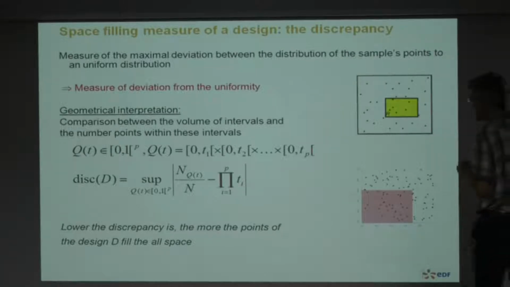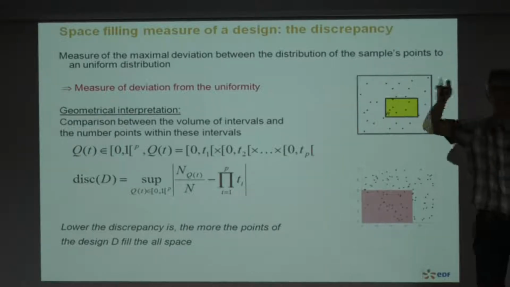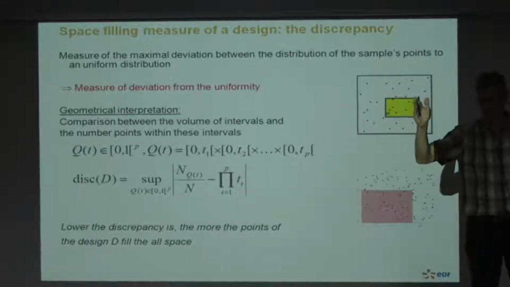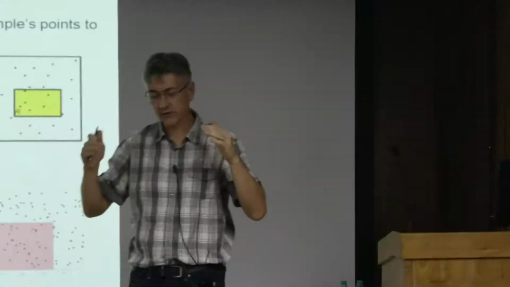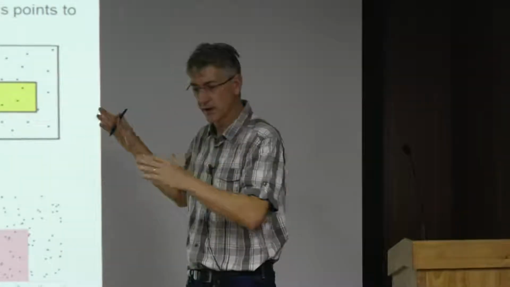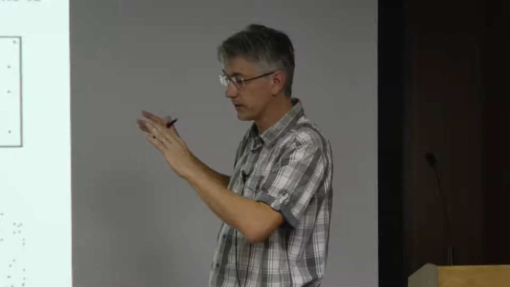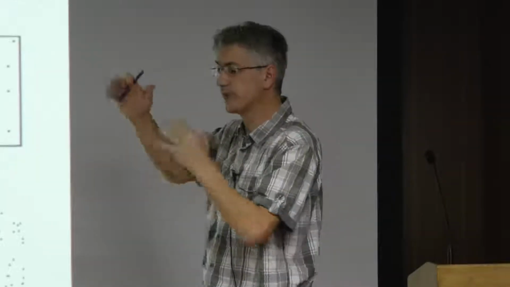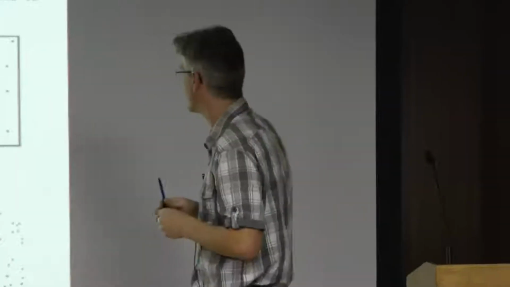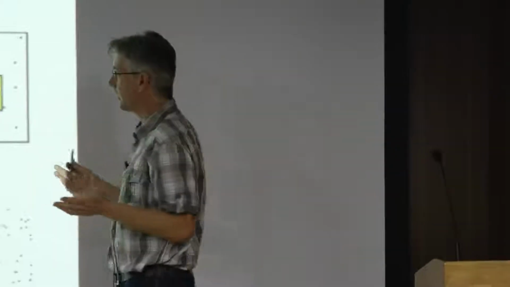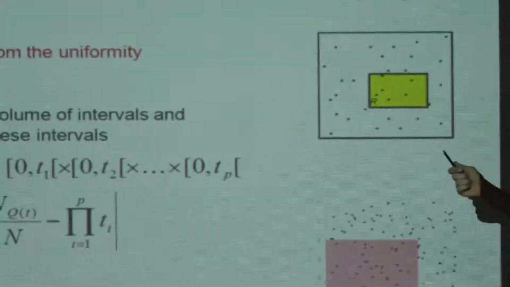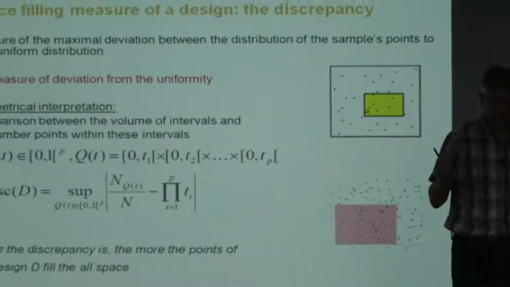A uniform distribution in one dimension means that I have a regular subdivision of my segment. In two dimensions, it's more complex to imagine what is a perfect uniform distribution. And what we look at with this kind of discrepancy measure is the deviation to a perfect uniform distribution. How to do this? In fact, what does a uniform distribution mean?